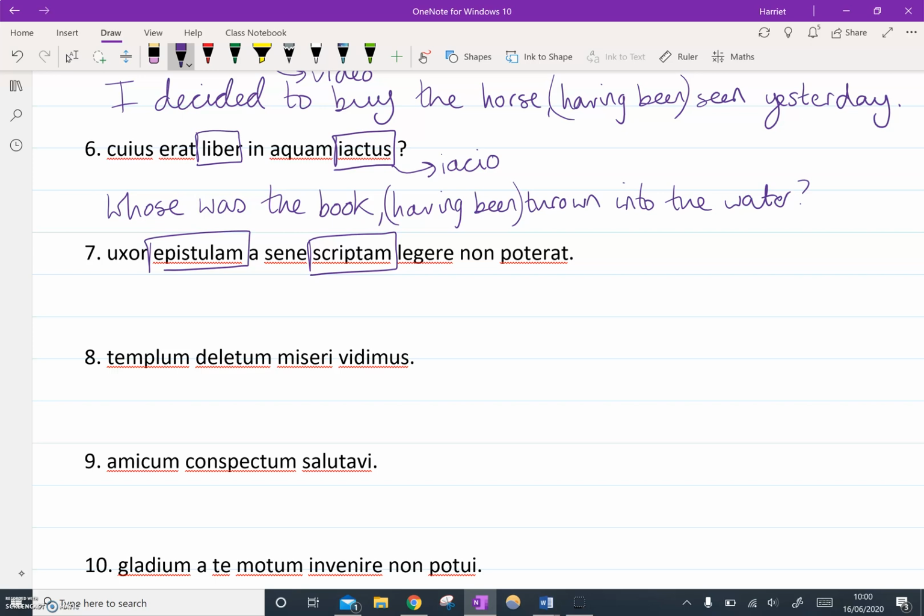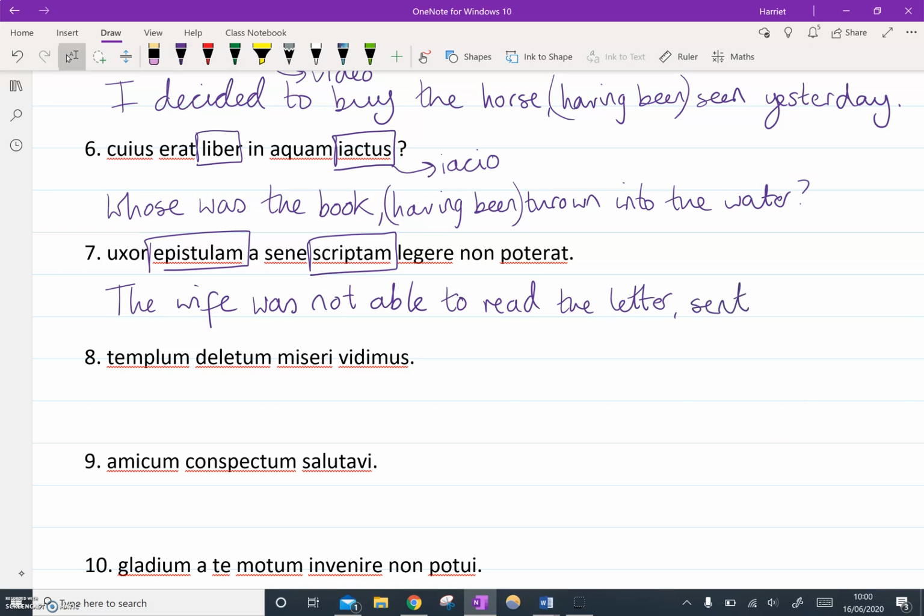Okay, so the translation would be Uxor, the wife, non poterat, was not able, legere, to read, epistulam scriptam, the letter. I'm going to be lazy here, so it would mean the letter having been sent, but I'm just going to put sent because they mean the same thing, by sene, the old man.